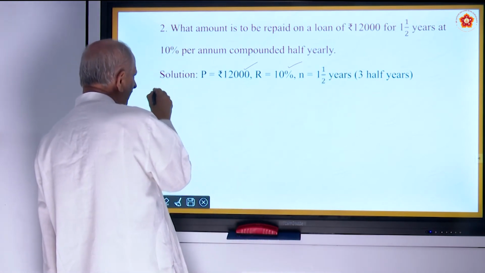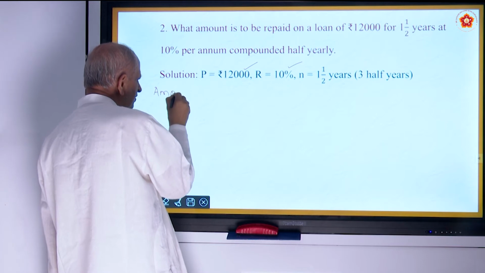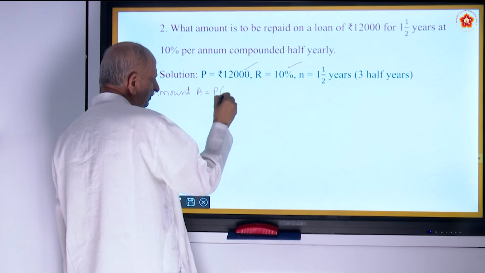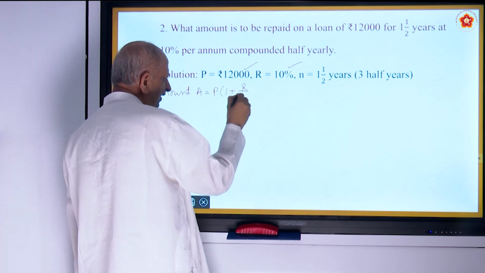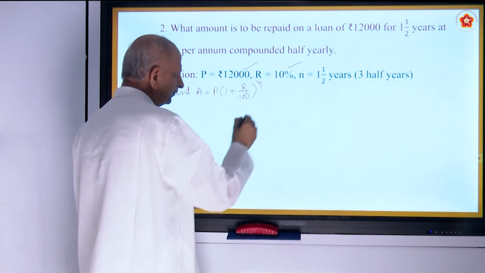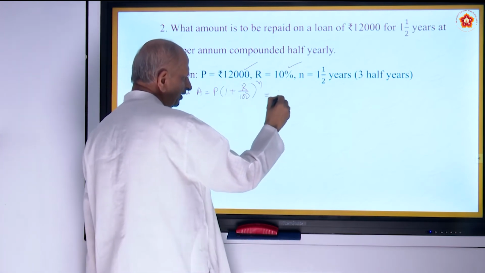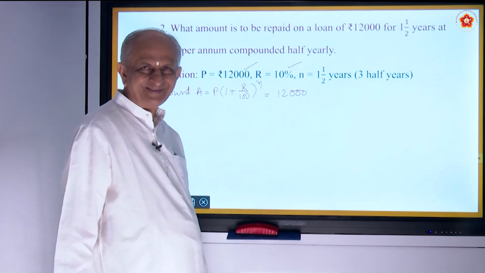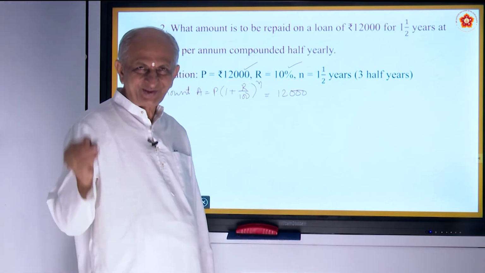So the formula for amount: A is equal to P into 1 plus R by 100 to the power of N. So what is P? 12,000. Are you noting down? You have to note down, okay?